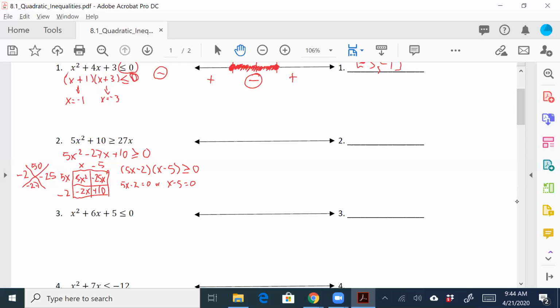And 5x minus 2, if I add 2 to both sides, that gives me 5x equals 2, and then divide both sides by 5, x equals 2/5. And over here, x minus 5, adding 5 to both sides gives me x equals 5.